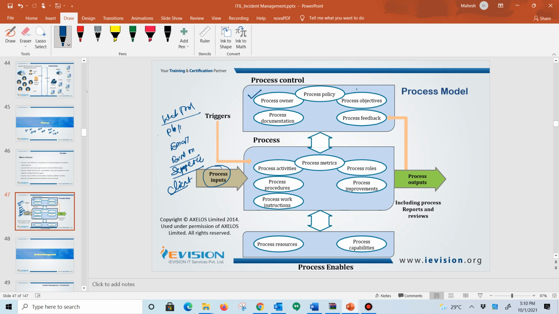Then there can be process objectives. In terms of incident management, objectives can be resolution of incidents in a timely manner, that is, within SLAs. You may have objectives of customer satisfaction and reduction in business loss. There can be various such objectives.